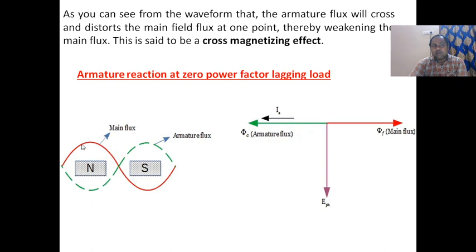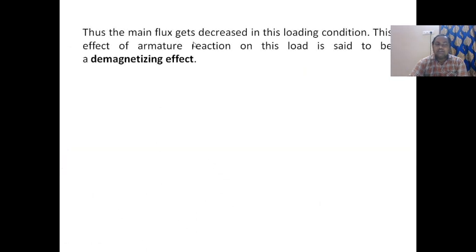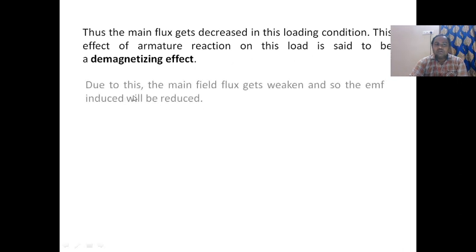Please see the waveform also, main flux and armature flux are both anti-phase. Thus the main flux gets decreased in this loading condition. The armature reaction on this load is said to be demagnetizing effect. Due to this, the main field flux gets weakened and so the EMF induced will be reduced.